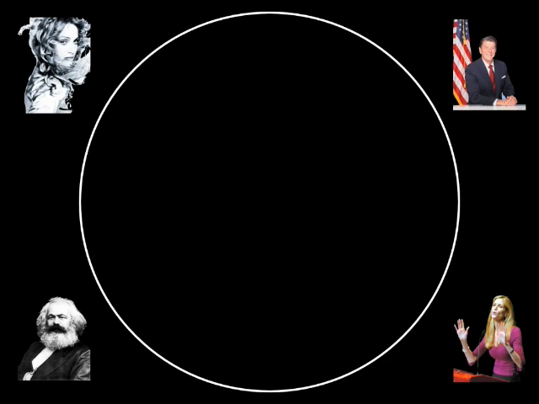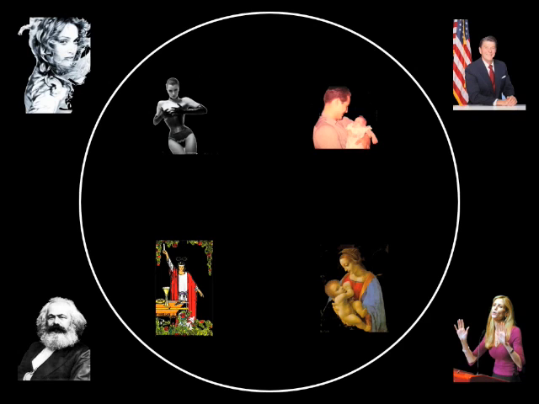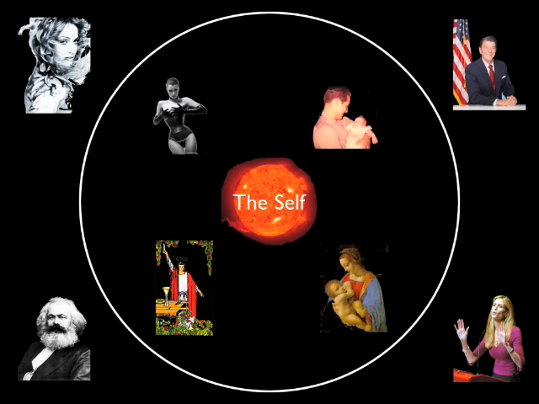These archetypes will be fulfilled by these objects we have coming at us. These archetypes include the femme fatale, the good father, the great mother, and the wizard. In the center of all these and other archetypes is the self. The self is the core of everyone's personality, and it's bigger than anything, including our conscious ego.